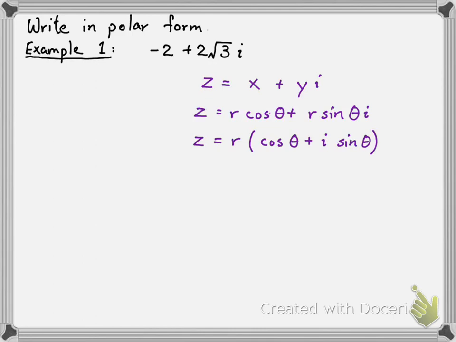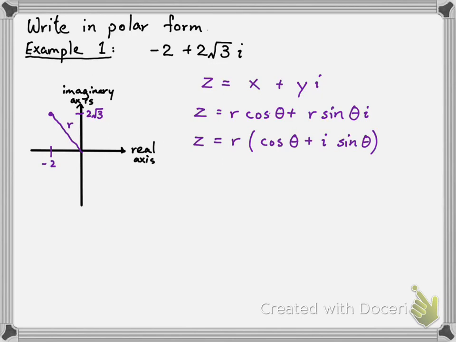We can first find the r, the modulus of the complex number -2 plus 2 square root of 3i. We have -2 units on the real axis and 2 square root of 3 units on the imaginary axis.